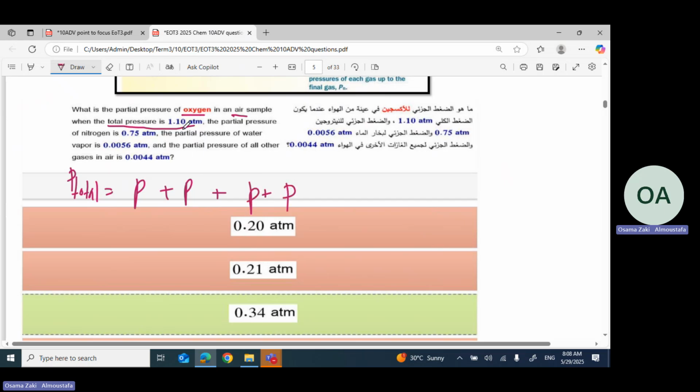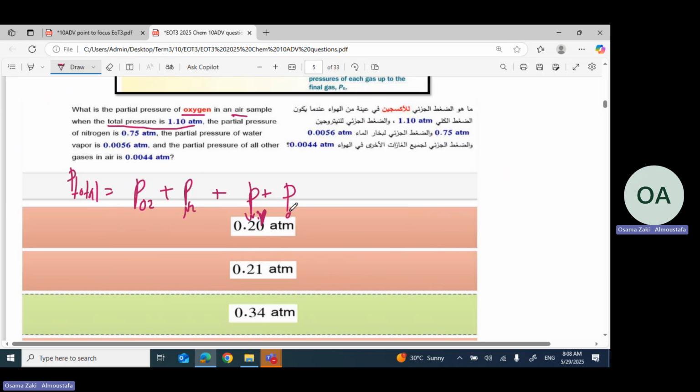Okay, so the first gas is oxygen. The second gas is nitrogen. The third gas is water vapor. Lastly, we have all other gases.